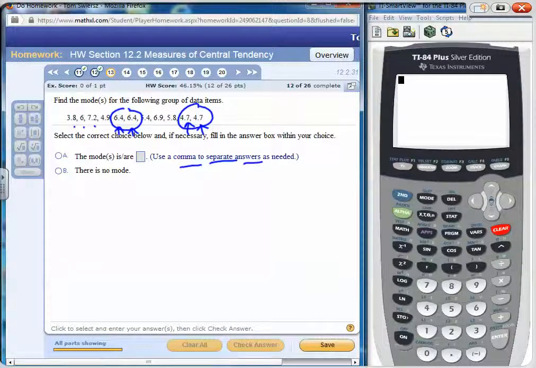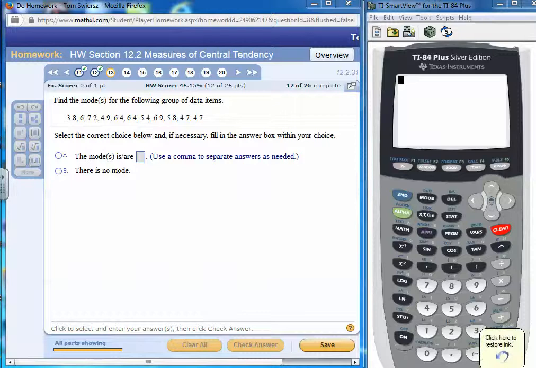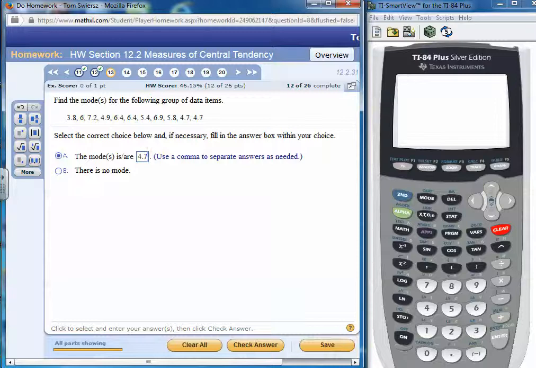So it would be 4.7, 6.4, because both of them occur twice. You don't have to have them in order, and MyMathLab says use a comma to separate them.